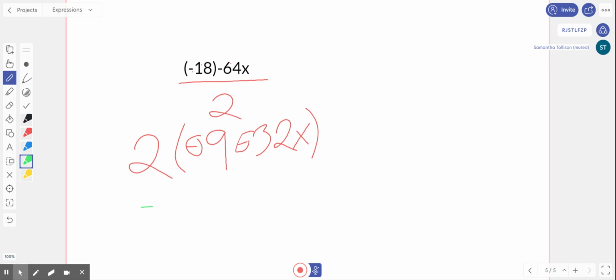So we're going to now bring that negative number on the outside. We're multiplying that by the 2 that we have. And we get negative 2 times 9 plus 32x. So those are all the examples, guys, that you will see in your Ed site today.